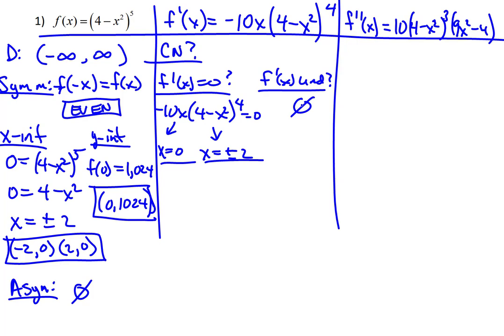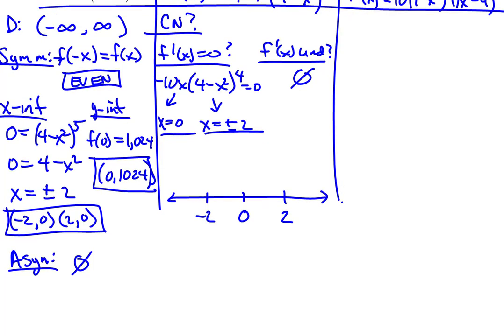Now, with our critical numbers, in exploring what they mean for our graph, it's usually good to put them on a number line, as we've seen already. So let's go ahead and get a number line and then put our critical numbers of negative 2, 0, and positive 2 in order on the number line. And we want to test around them to find out where this function is increasing or decreasing.